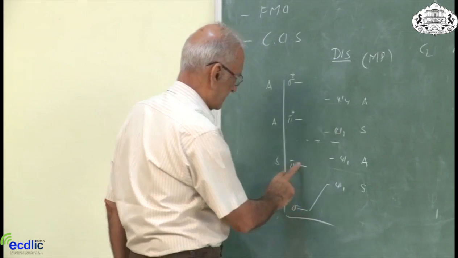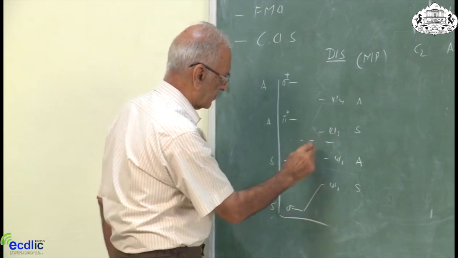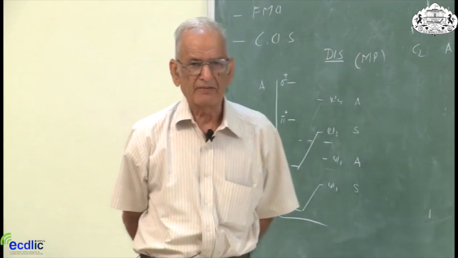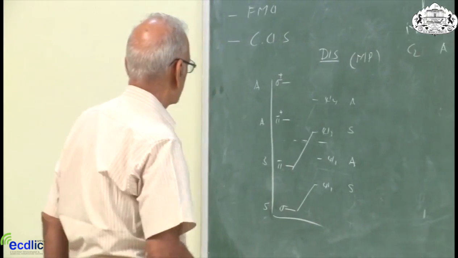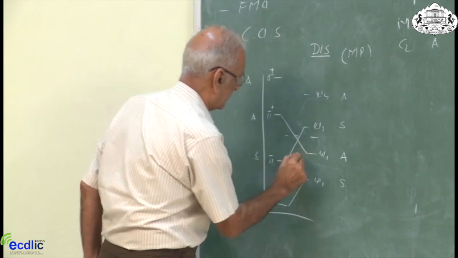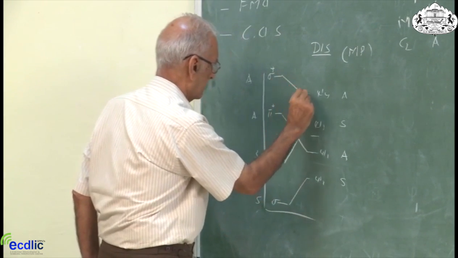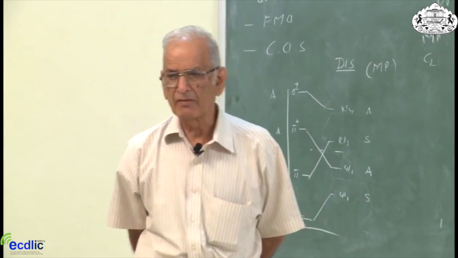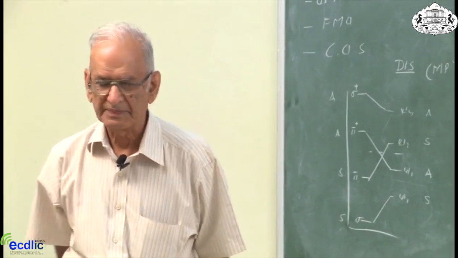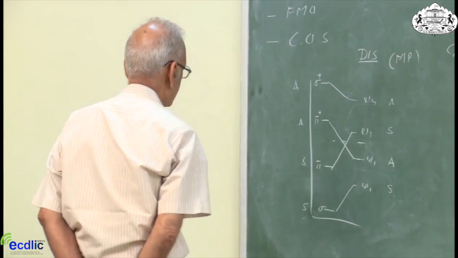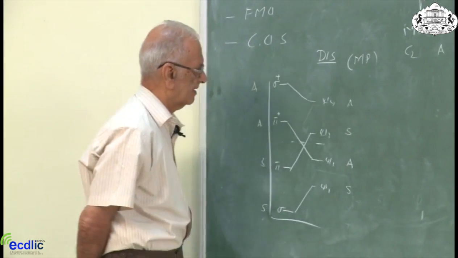Pi is symmetric, so it can join either to psi 1 or psi 3. Since psi 1 is occupied, we join it to psi 3. Pi star is antisymmetric, we join it here because of the principle of minimum crossing. So, we made the correlation diagram for the disrotatory process.